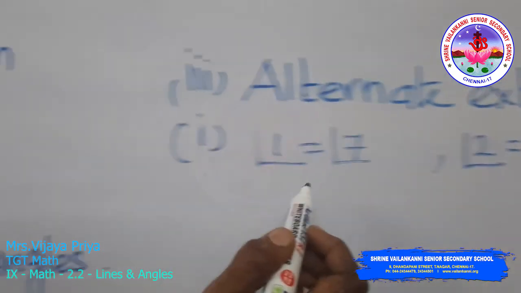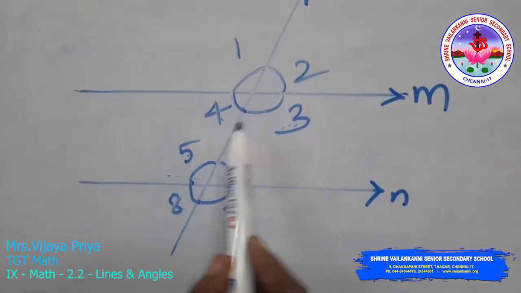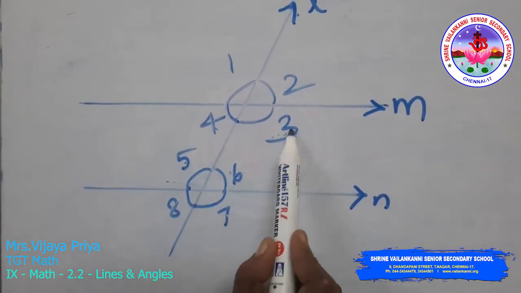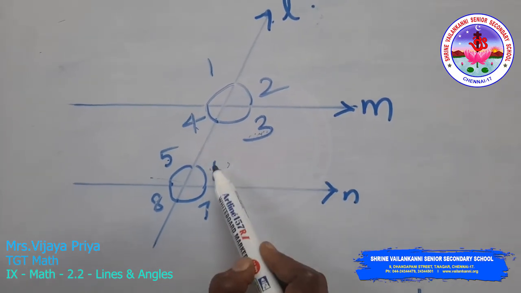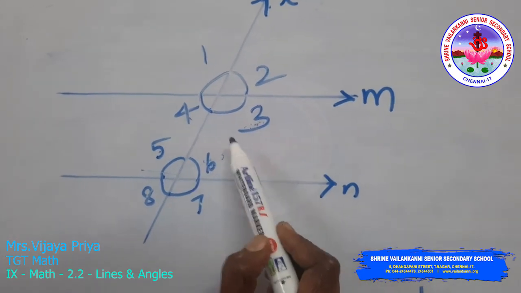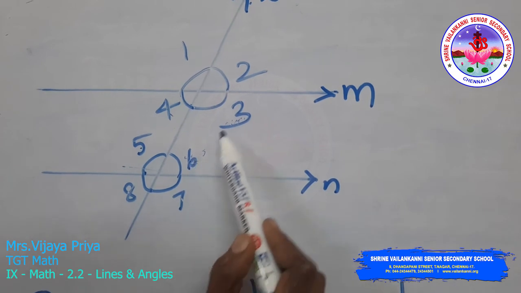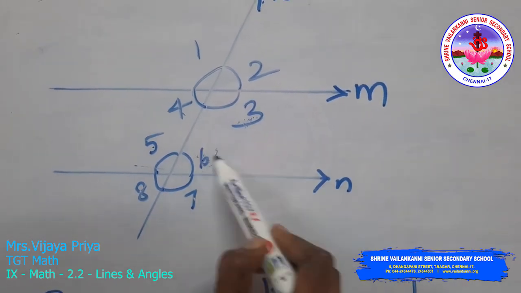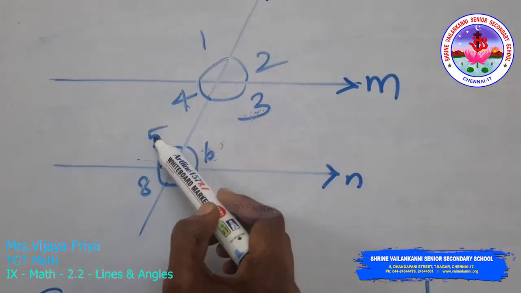Now coming to the third case, the co-interior angles, that is, the interior angles on the same side of the transversal. We add the two angles and the sum becomes 180 by the property. When two parallel lines are cut by a transversal, the co-interior angle sum becomes 180. One pair is 3 and 6, the other pair is 4 and 5.